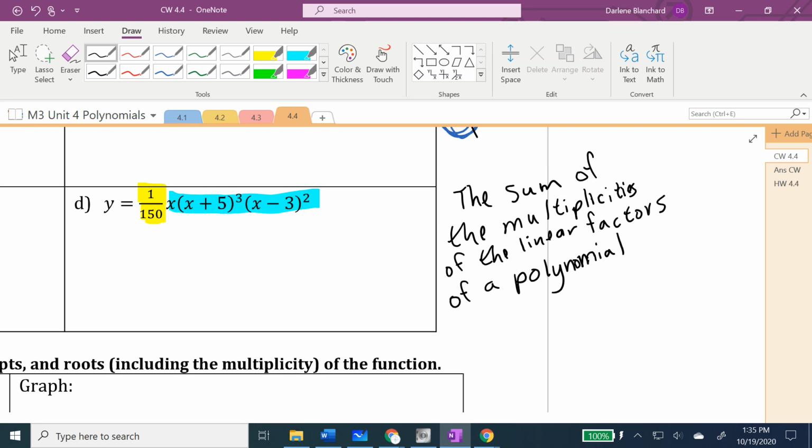So if you are factored as only a bunch of linear factors, the sum of the multiplicities is the degree of the polynomial.